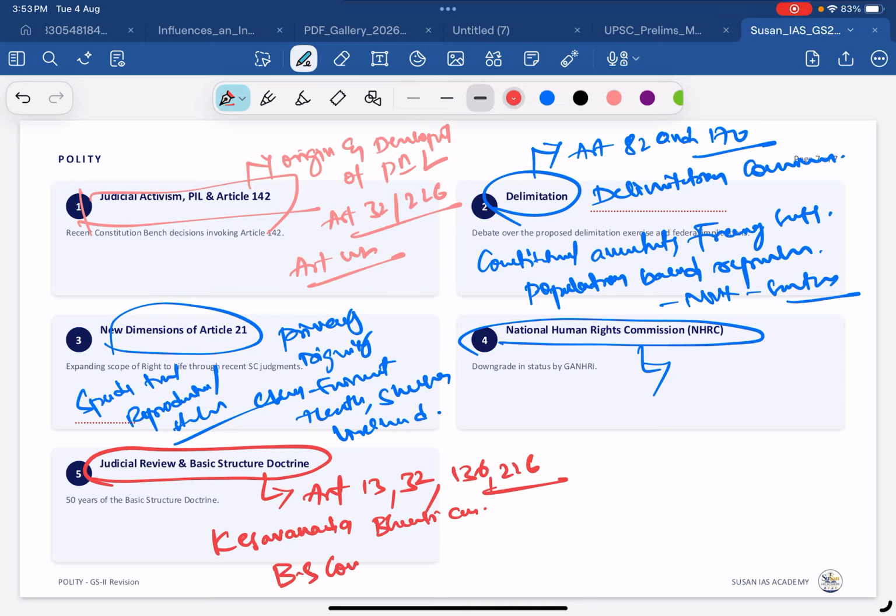And the famous Minerva Mills case, and judicial review, and parliamentary sovereignty versus constitutional supremacy, and their criticism and contemporary relevance. You have to refer to all these topics.